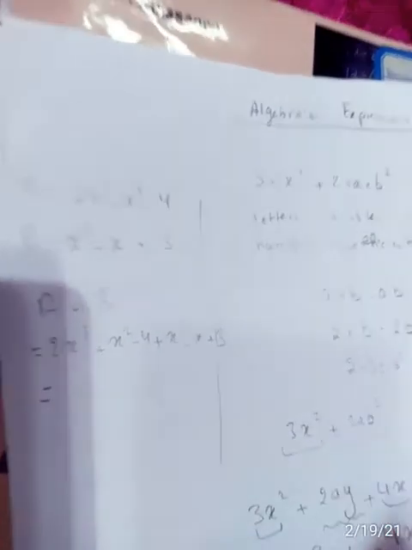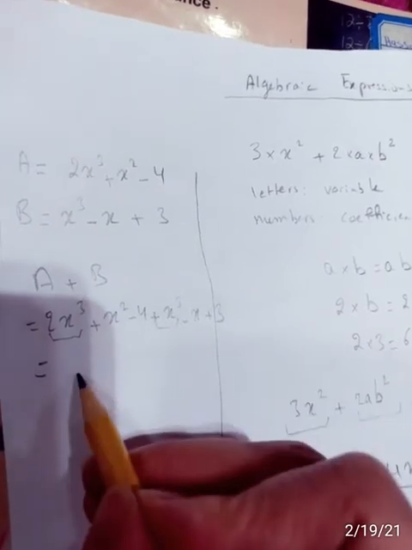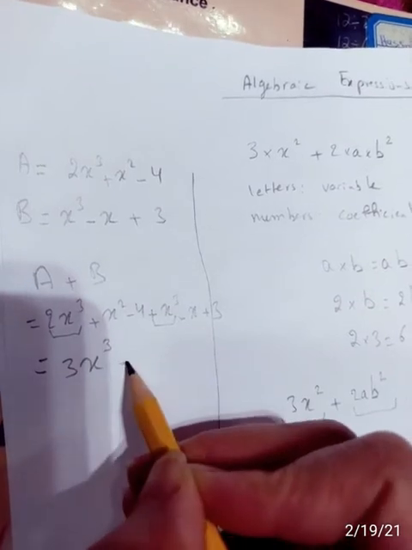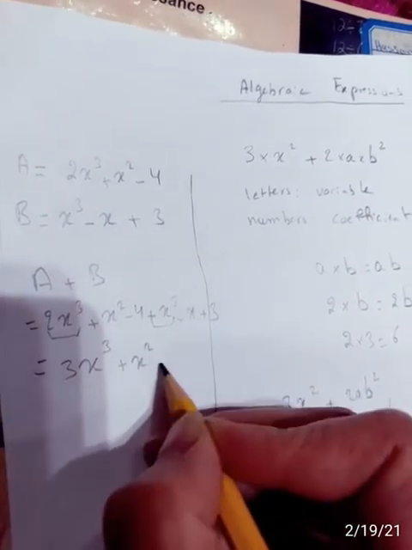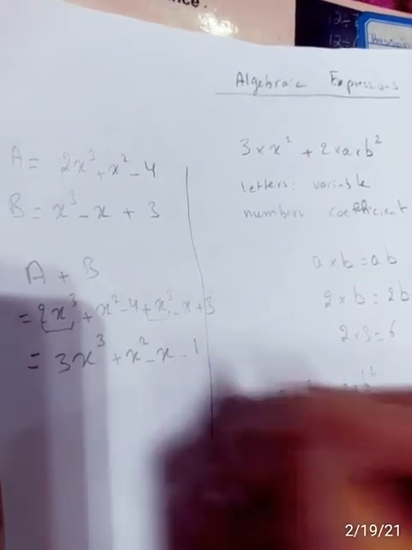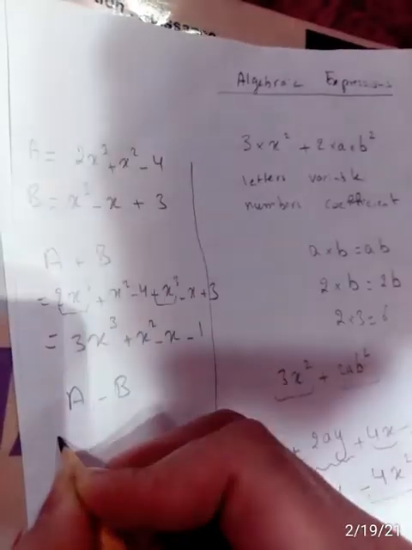Then I should reduce the like terms, x cubed with the x cubed. I have x cubed. 2 plus 1 is 3. x squared, there's nothing else. x, there's nothing else. And the numbers with each other. Okay, it's minus 1.